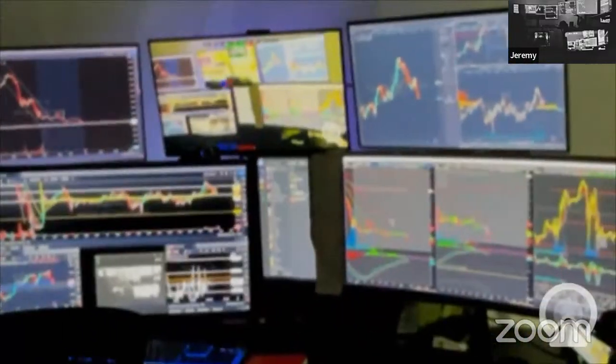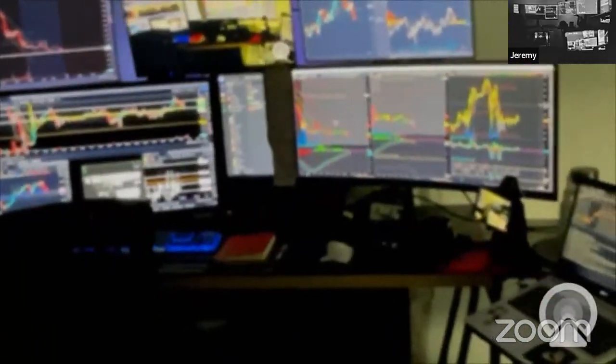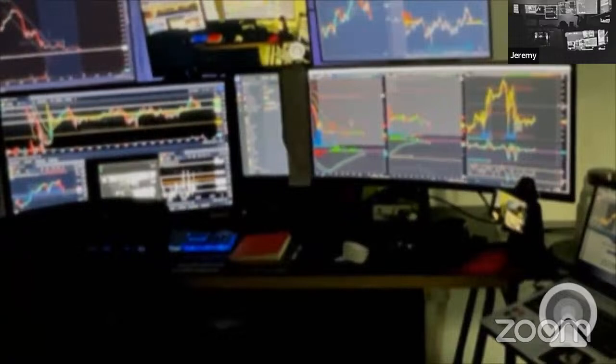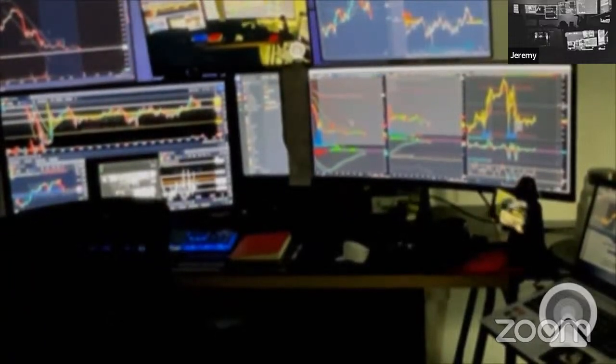This is how I trade. This is more or less my setup. Like I said, regardless if I'm trading SPY or ES, these are the charts that I'm trading, and this is the setup that I'm trading.